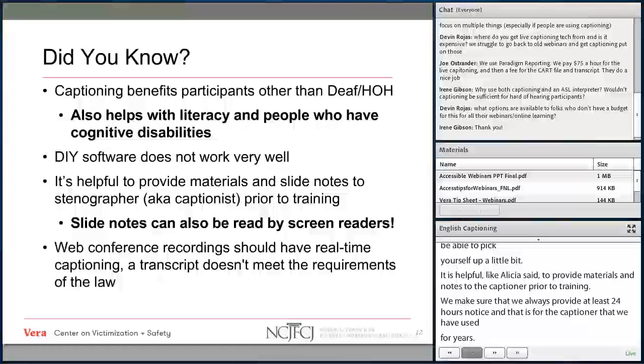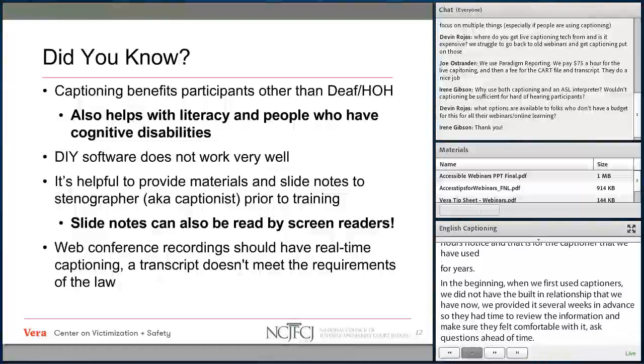But note that any notes that you put in your PowerPoint presentation, we all as presenters love those little note sections, can be read by screen readers, so make sure whatever you're putting in there, you're prepared for the greater audience to see if you're going to have screen readers on the conference.